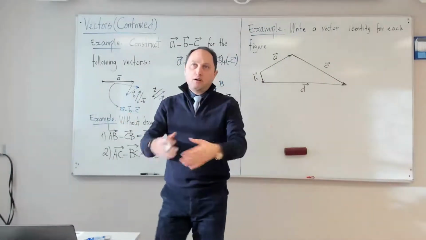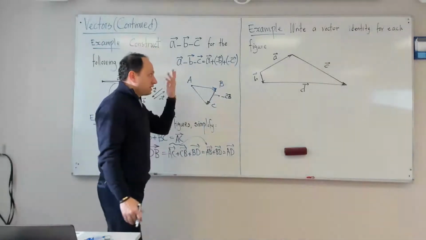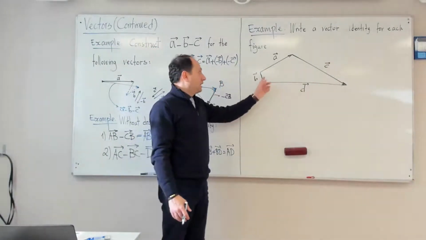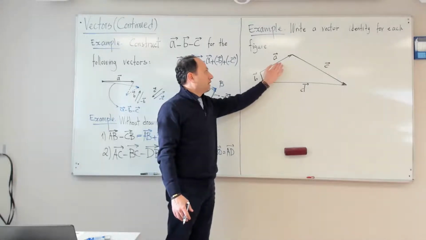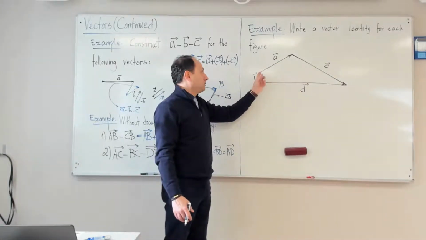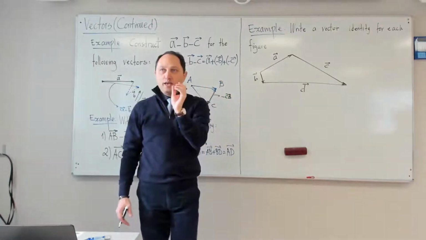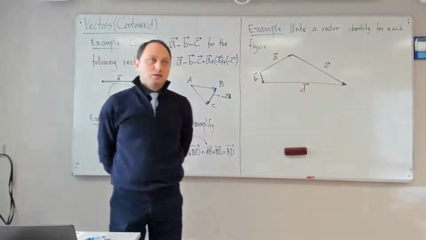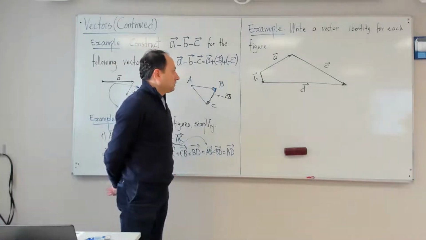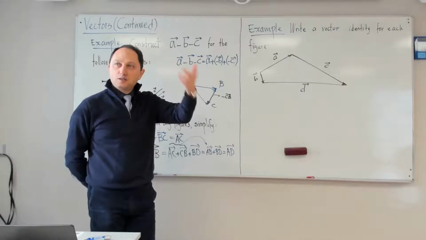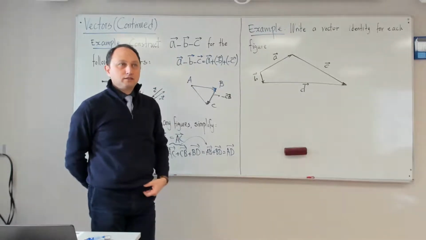It might be a pentagon, it might be a hexagon, but it doesn't matter. As soon as you have a polygon, and it doesn't matter how you write the vectors on each edge, you can point it in this direction or in that direction, there is a simple way to write an identity. And don't get confused at all. The idea of displacement is very, very helpful here.